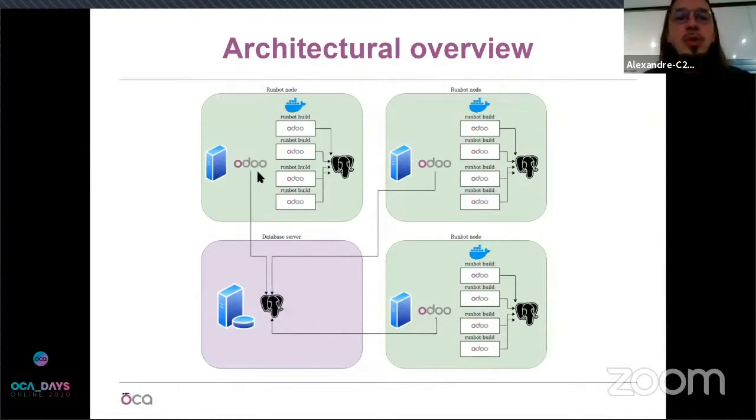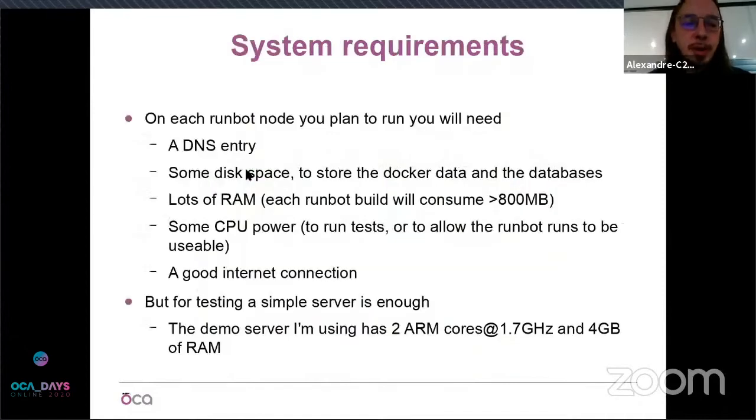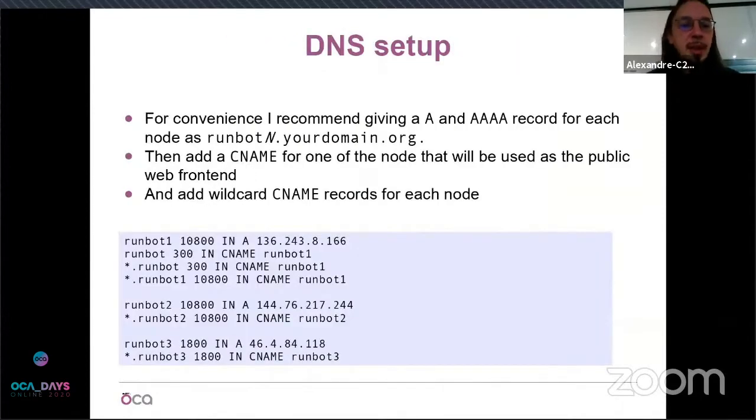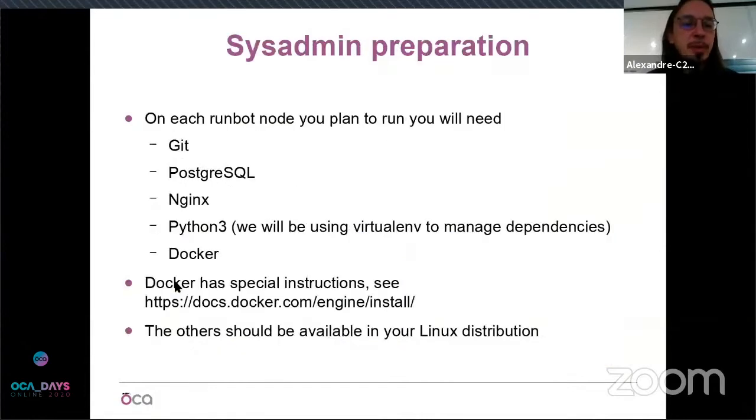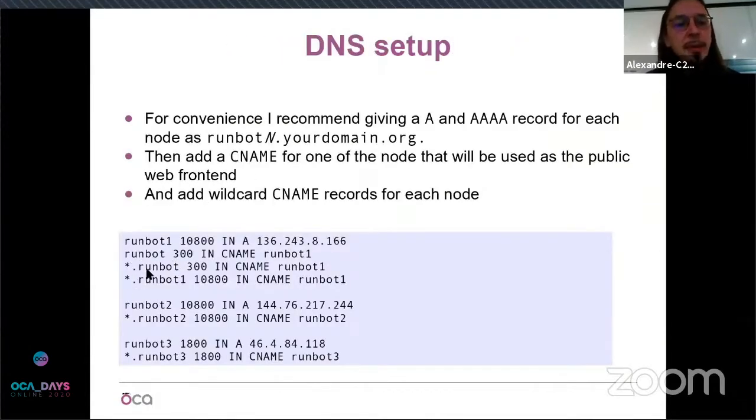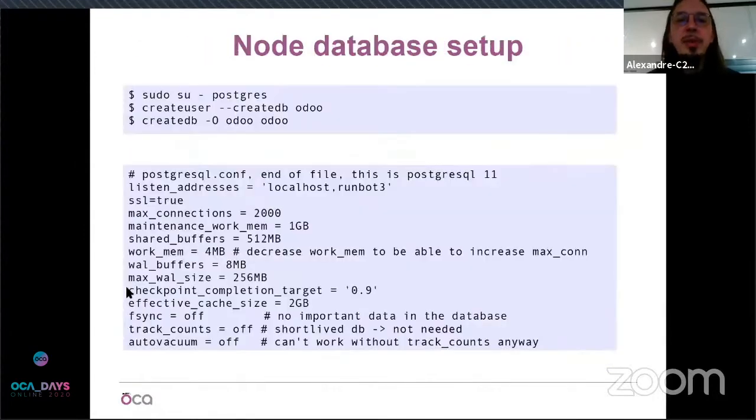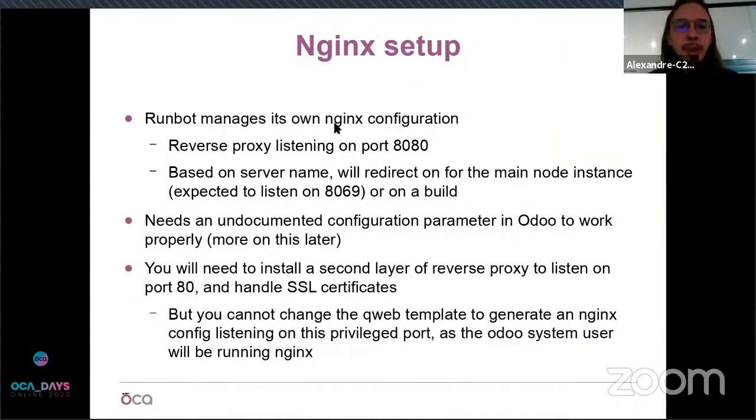And the Odoo Runbot for each build is going to generate an Nginx configuration, and this Nginx configuration takes care of the virtual host name, which encodes the database name. It also manages a reverse proxy listening on port 8080.